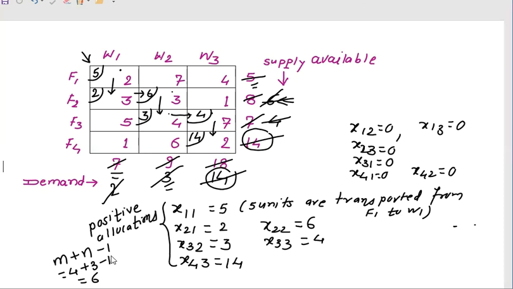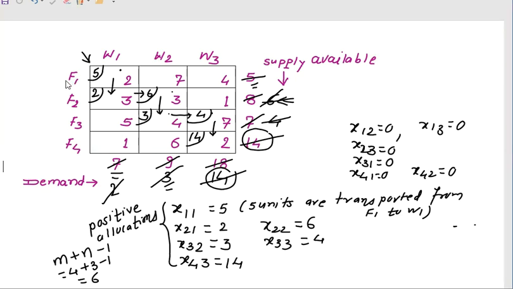Now, is it a feasible solution? It is a feasible solution because the row sum restrictions and column sum restrictions are satisfied by this solution. So what is a row sum restriction?